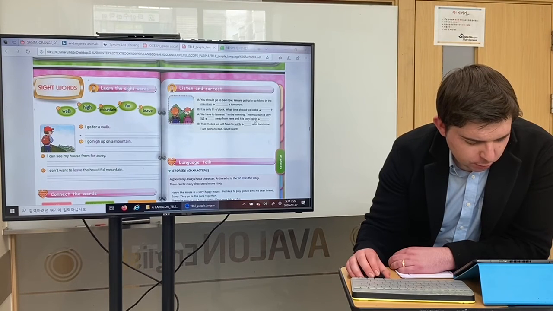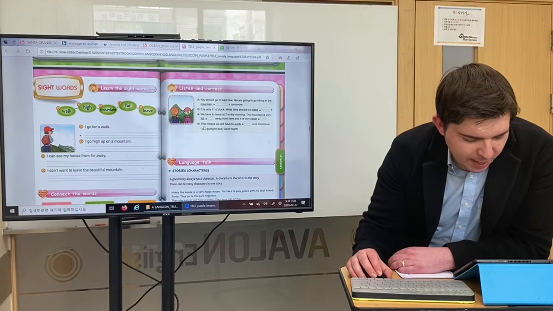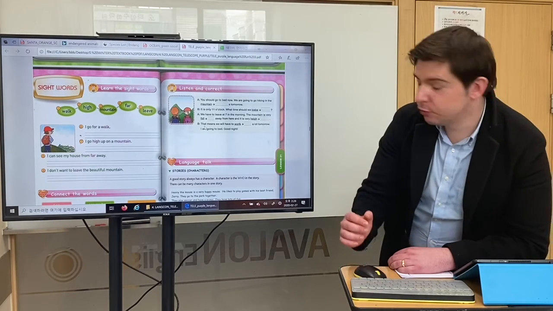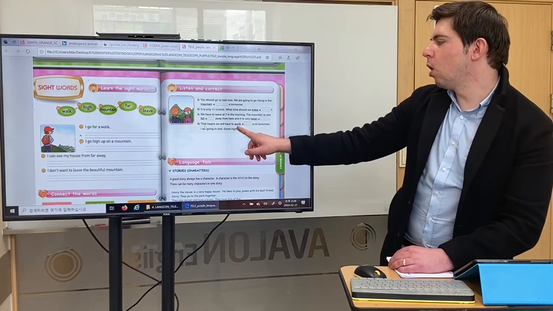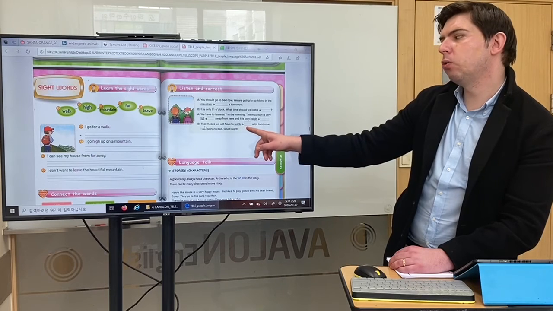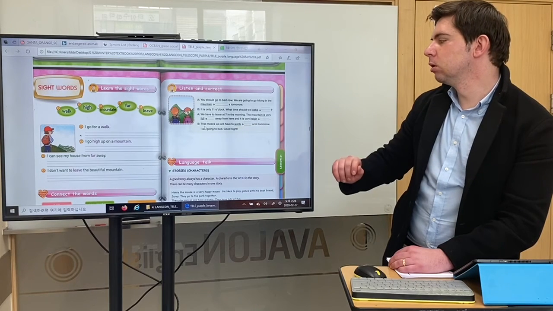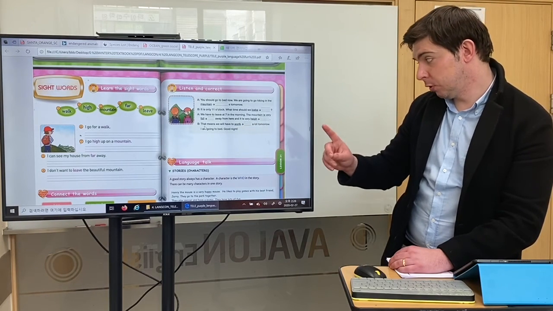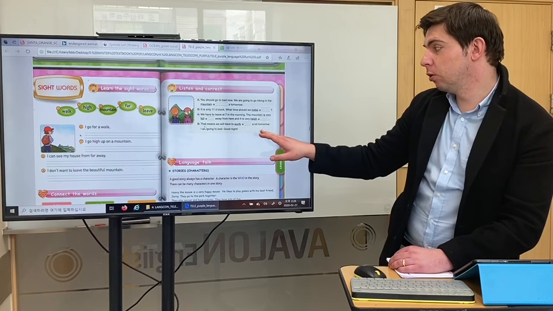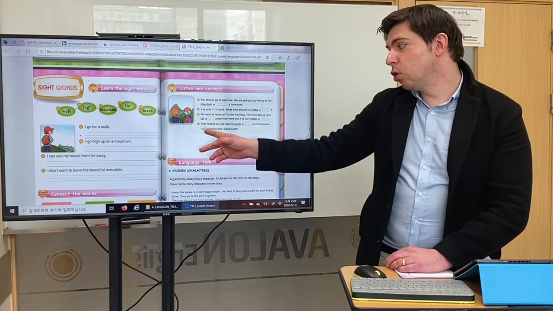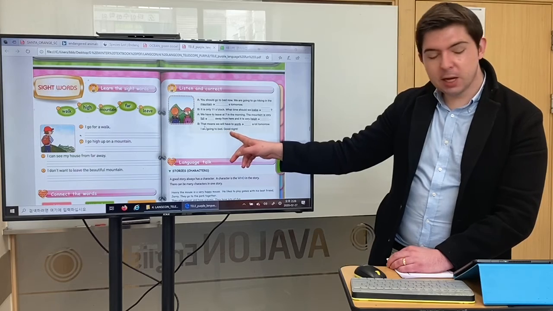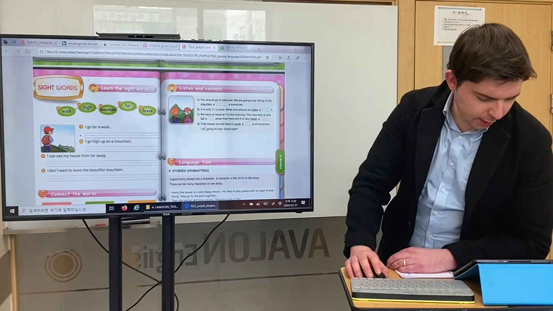High. Very good. That means we will have to walk. And how do we spell walk? Walk. Perfect. A lot tomorrow. I'm going to bed. Good night. All right.